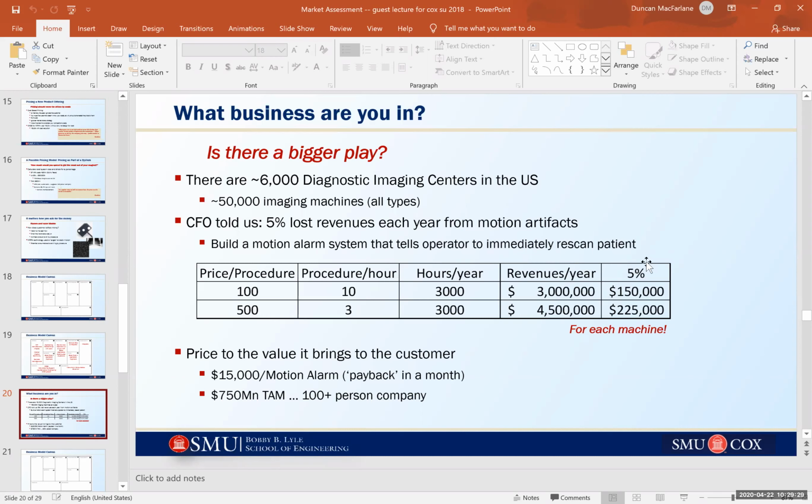The CFO was losing, in her mind, and quite rightly, $150,000 to $200,000 every year. So what if we priced it at something like $15,000? Then the machine would pay for itself in a month, and all of a sudden our total available market went up to $750 million.